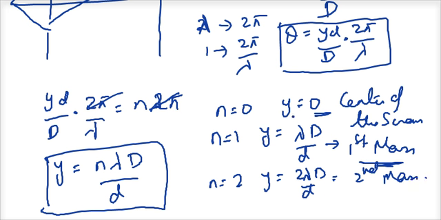Now suppose I call this y0, I call this y1, y2. y2 minus y1 will give me a quantity which is called the fringe width. The distance between two consecutive bright fringes or two consecutive dark fringes is called the fringe width. Okay, so we'll remember this.